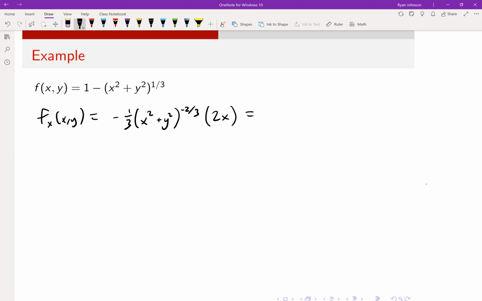So another way to write that would be negative 2/3 x over x squared plus y squared to the 2/3 power.